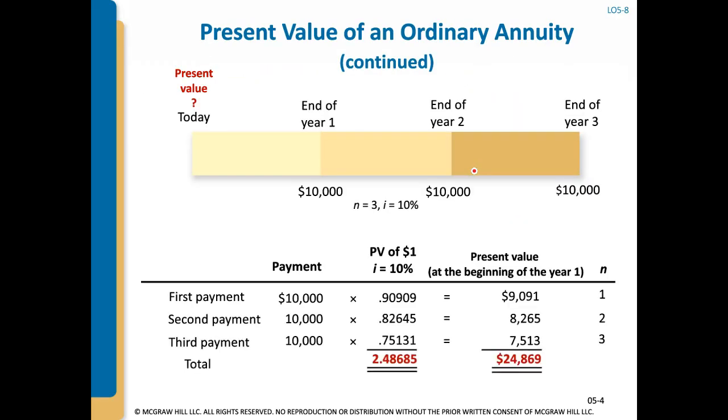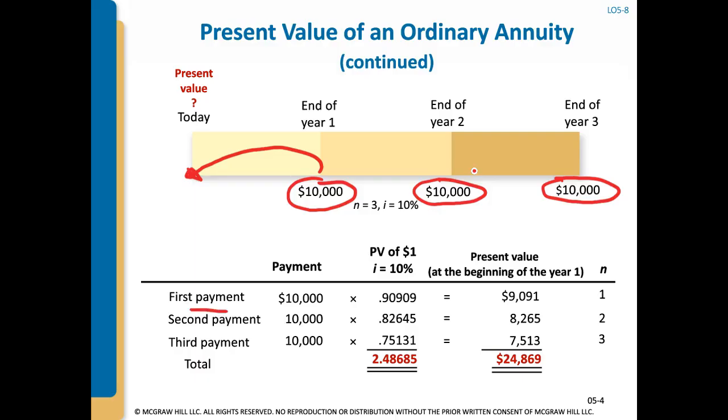Well, there are 2 ways to calculate this. The first one is to take each one of these $10,000 payments that we pay at some point in the future and figure out how much they're each worth today. So we could take this first $10,000 payment at the end of year 1 and find the present value of a single sum, or of a dollar, for one period.